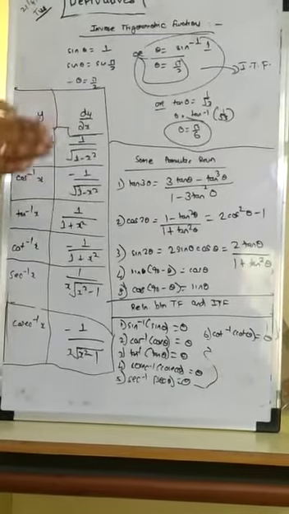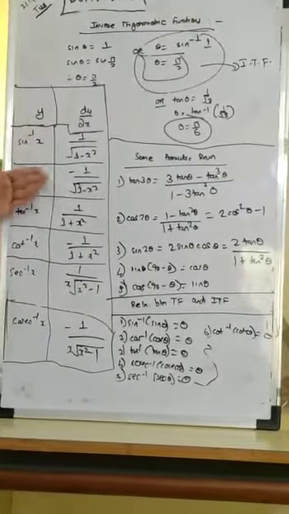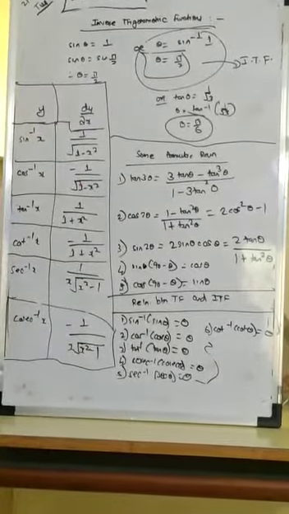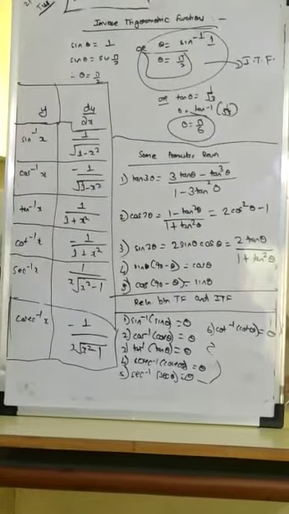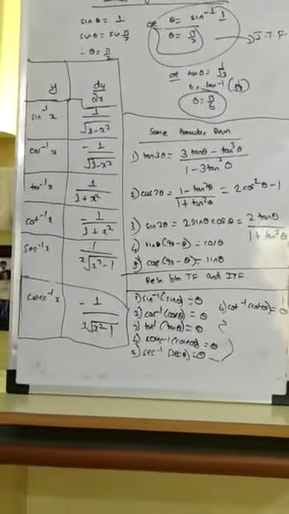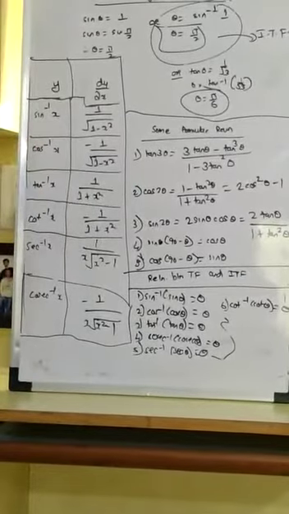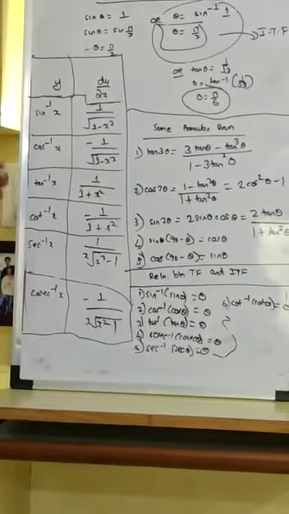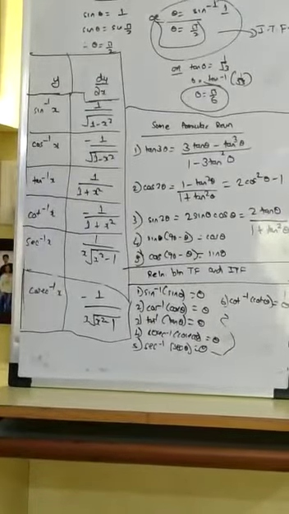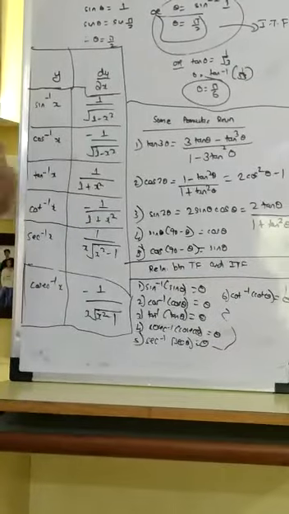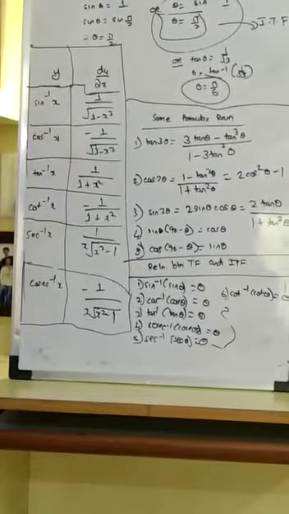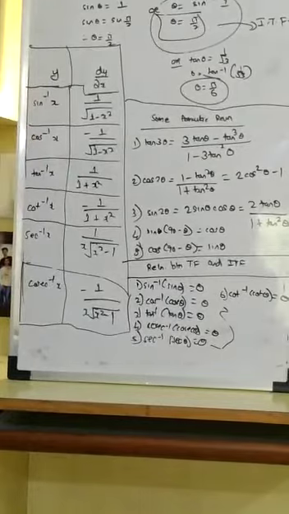If derivative of a regular cos x is negative sin x, derivative of cos inverse x is negative 1 upon root 1 minus x square. If derivative of tan x is sec square x, derivative of tan inverse x is 1 by 1 plus x square. If derivative of cot x is negative cosec square x, the derivative of cot inverse x is negative 1 by 1 plus x square.